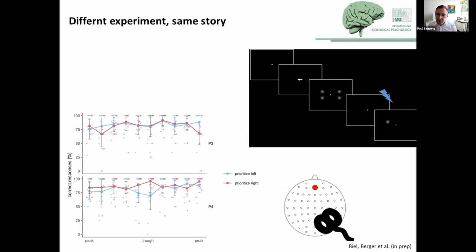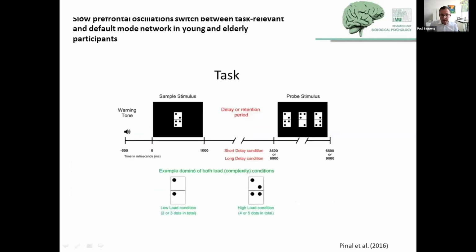So similar to the study before, we had a selective effect really only here at the theta trough, which seems to be the important one in this frontomedial to posterior interaction. And as a last study, I just wanted to show you that it seems that this frontal midline slow oscillation is somehow related in a function that switches between different networks.